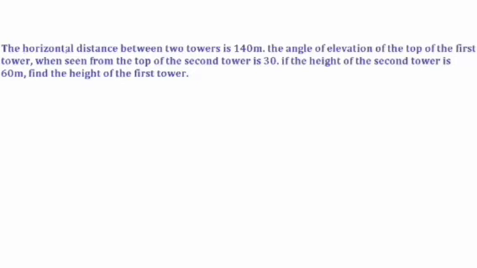Our question is: the horizontal distance between two towers is 140. So let us make first two towers. This is our first tower and this is second tower, and the distance between them is 140. So here I am making the distance between them 140 meters.